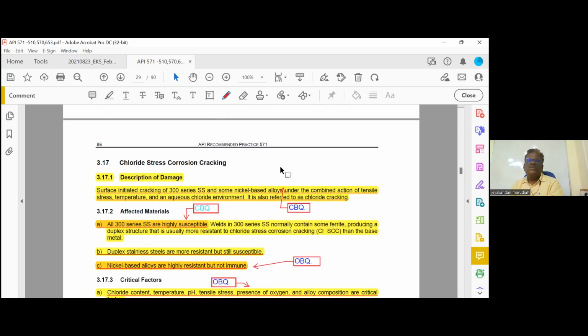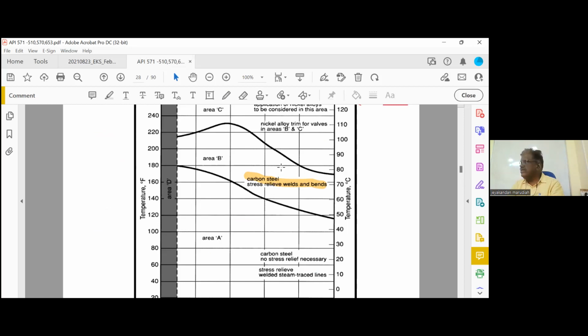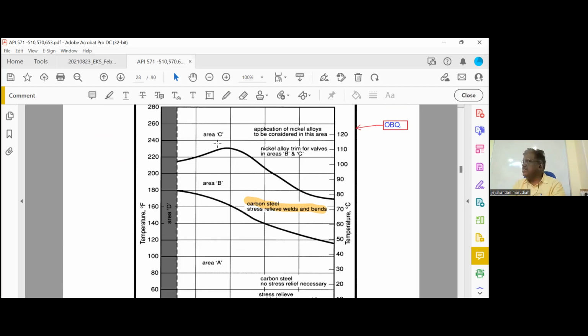Now if we go to the chart, this is the area A line, and between these two lines is area B. If it is in area A, no stress relief is required, no PWHT required. That curve is the separation curve.